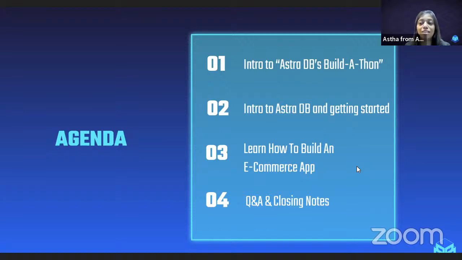But before that, a little insight about what the hackathon is all about. Then we go into the session you must be most excited about, which is how to build an e-commerce app. That's an example that you're going to learn from our experts. And finally, we will also have Q&A before we close the session.